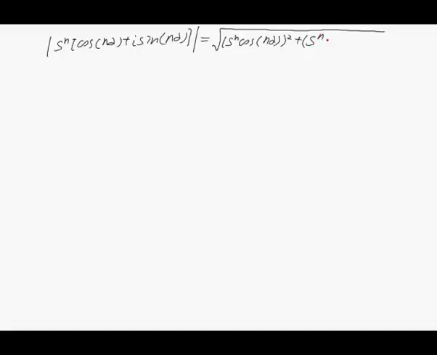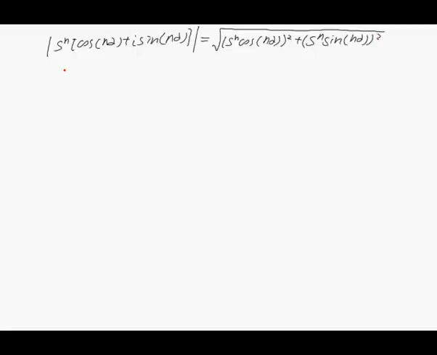So the modulus of this right side is equal to the square root of the square of s to the n times cosine n alpha plus the square of s to the n times sine of n alpha.